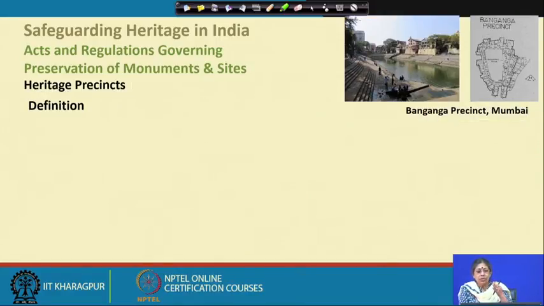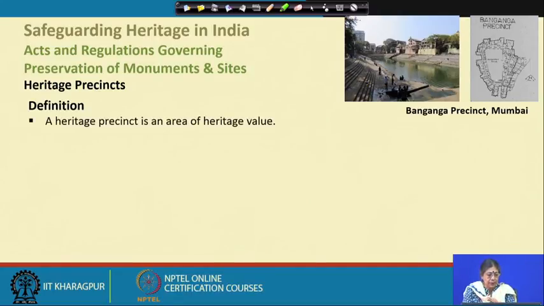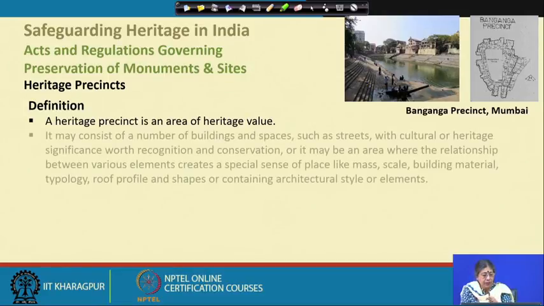Now, let us say you are talking about the heritage precincts under this regulation. The Maharashtra Town Planning Act gives a clear definition as a part of this regulation, which becomes a legal aspect, of what a precinct is. It says a heritage precinct is an area of heritage value.